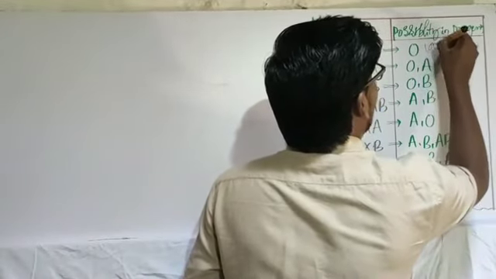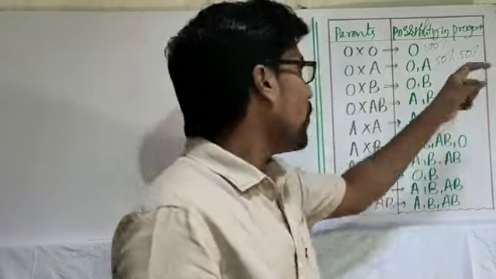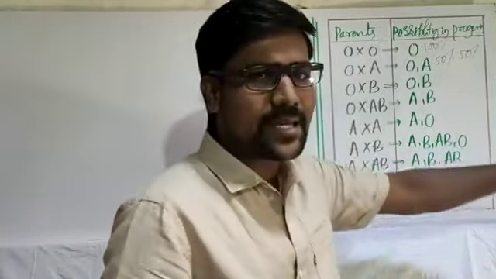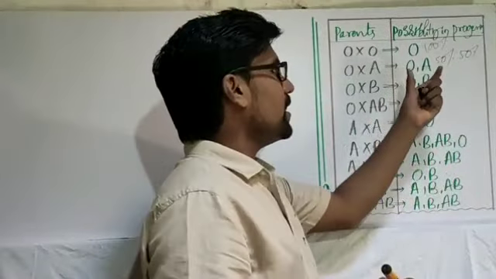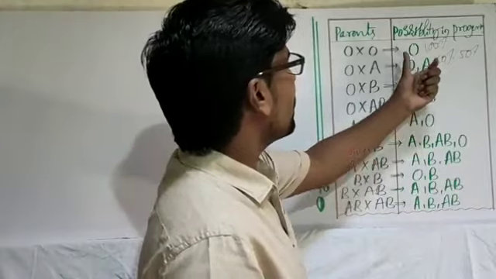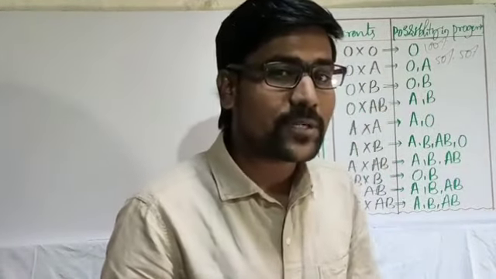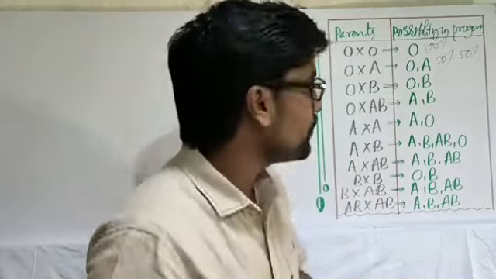Where both parents are O, the probability is 100%: all children born to those parents must have O blood group only. But children born to parents with O and A blood groups will have a 50-50% chance of either O or A blood group.